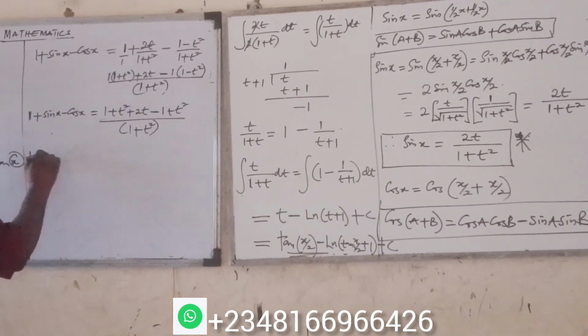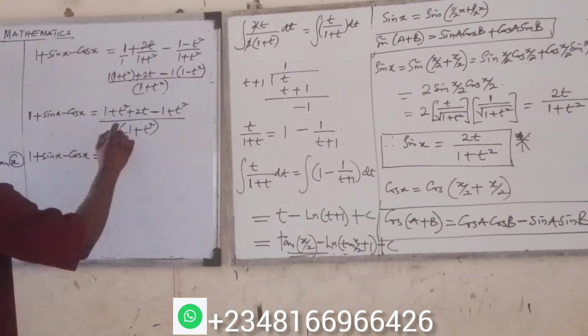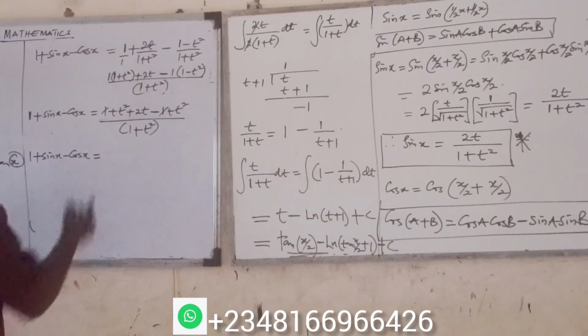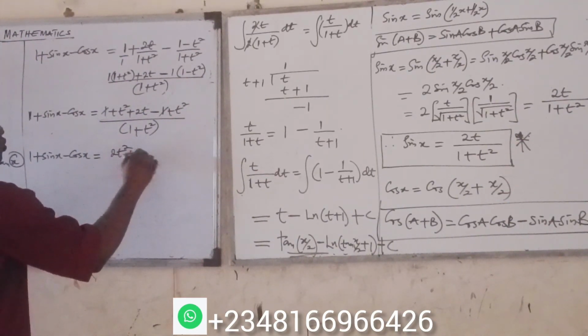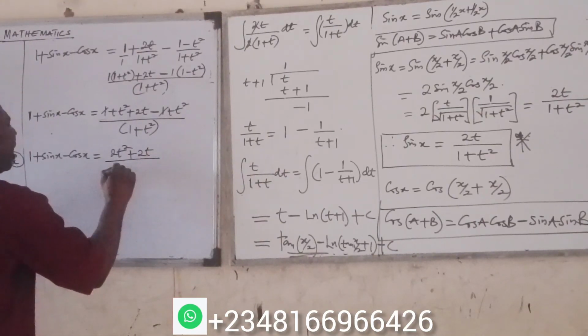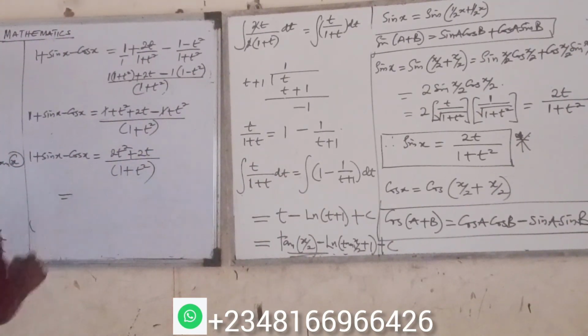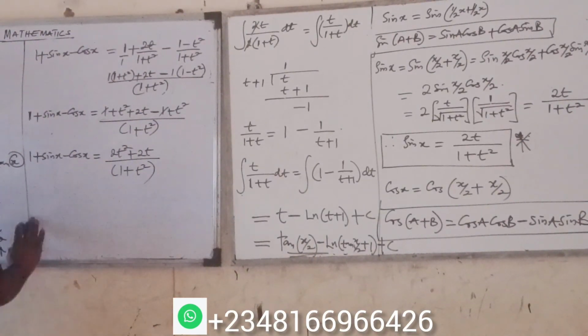Now 1 minus 1 is gone. We have t squared plus t squared, which gives us 2t squared plus 2t all over 1 plus t squared.